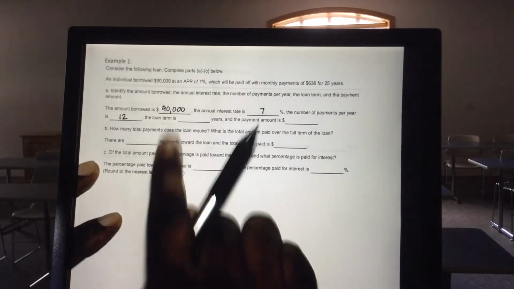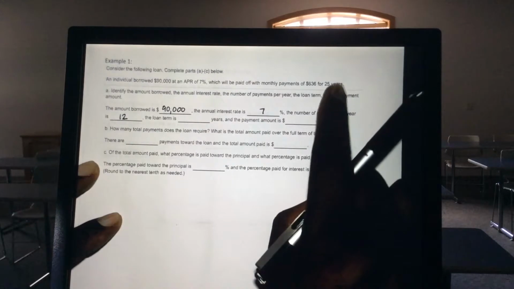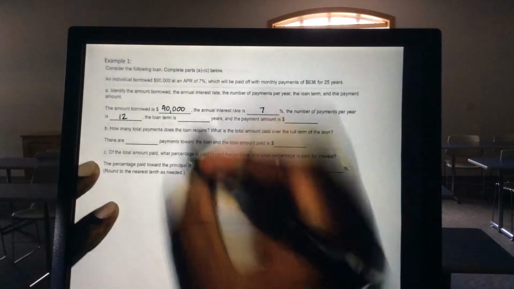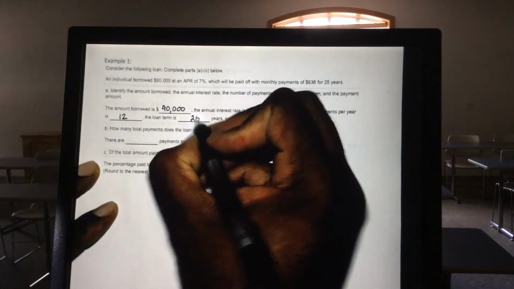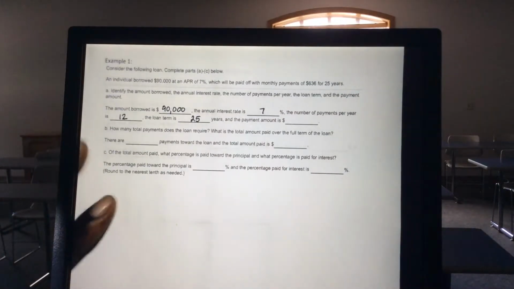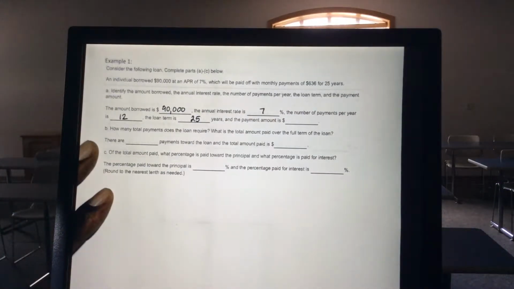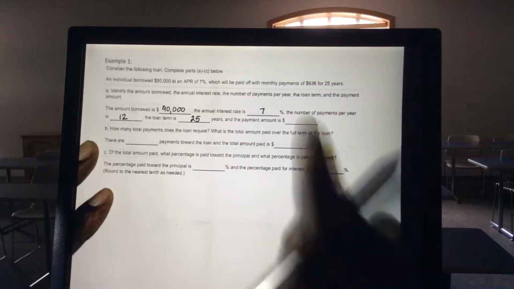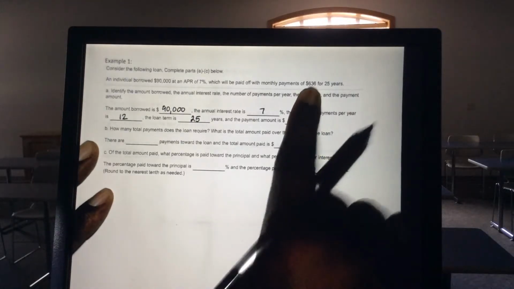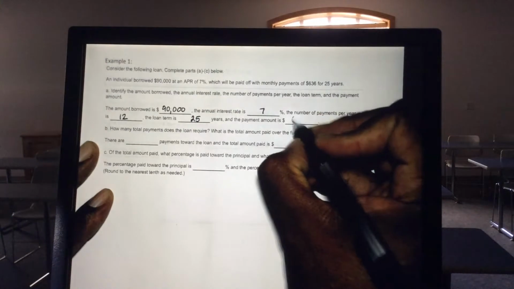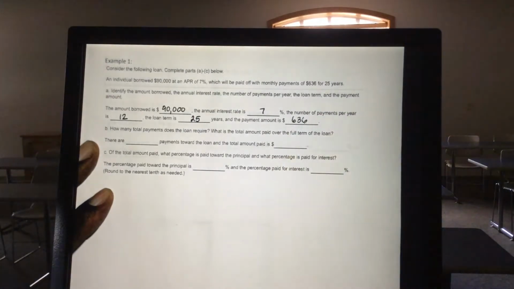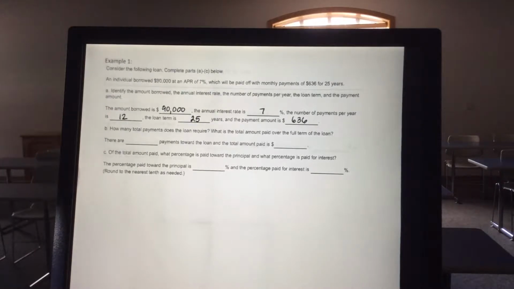And then the loan term is given right here, 25 years. So that person has 25 years to pay off a $90,000 loan. And the payment amount is the monthly payment of $636. All we're doing here is filling in what was given to us in the problem in part A.